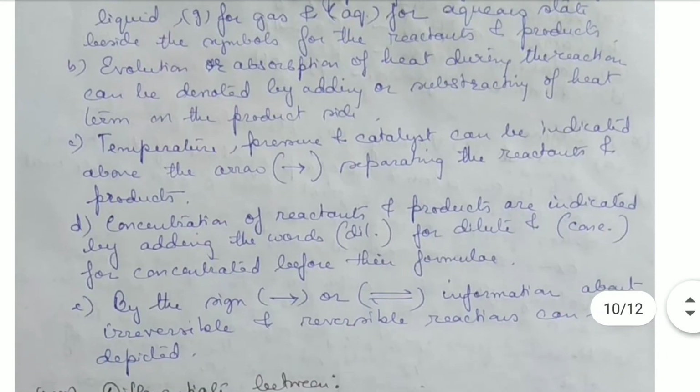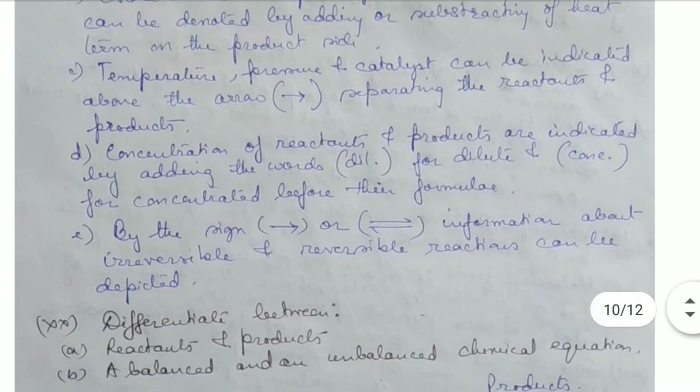Then evolution or absorption of heat during the reaction can be denoted by adding or subtracting a heat term on the product side. On the product side, if we give a plus sign and then write heat, that means it is liberating heat along with the other products. And if we write a minus sign and then heat, that means the reaction is absorbing heat to form the products.